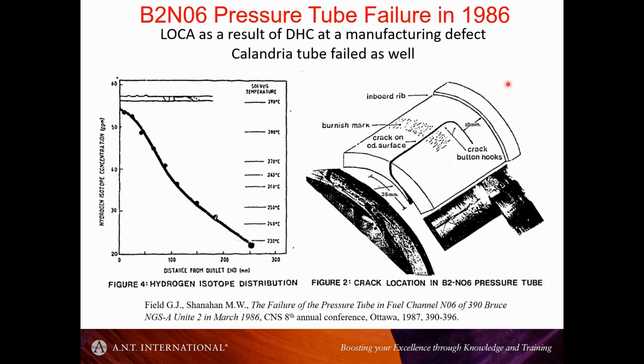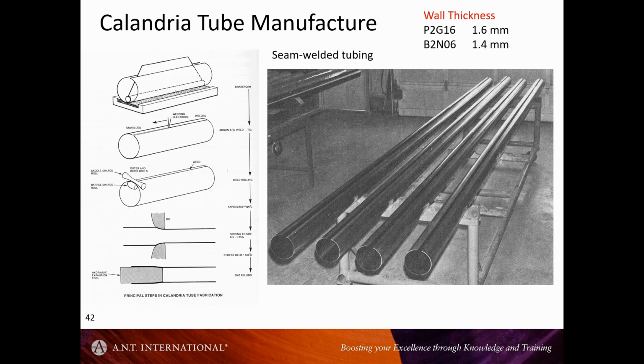In this instance, in 1986, the pressure tube went bang again for a different reason, but it's also hydride related. But this time the calandria tube failed, by what's a water hammer, and it failed along the seam, along the weld. The calandria tubes are typically manufactured by taking some strip, rolling it around, and then seam welding it.